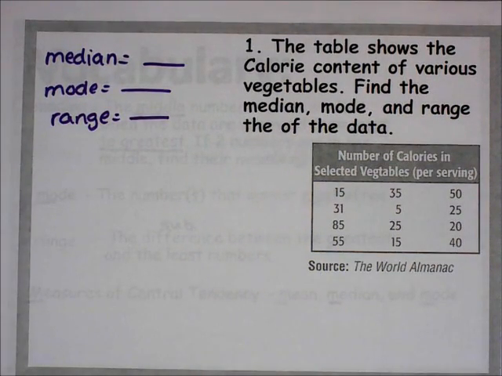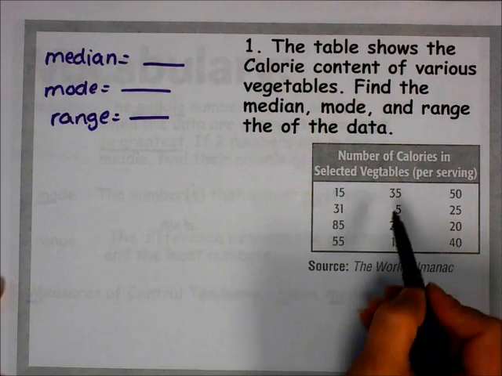I know that in order to find the median, the first thing I have to do is put my numbers in order from least to greatest. So let's start with that. I see the lowest number is 5.